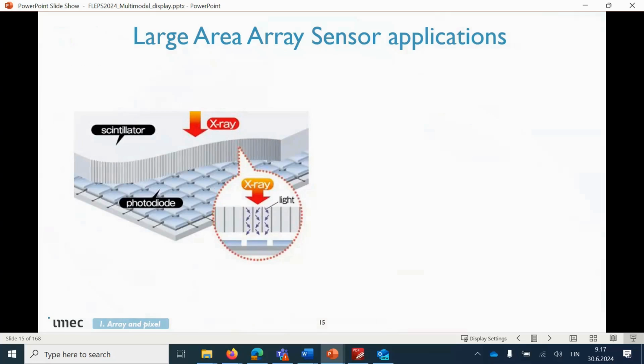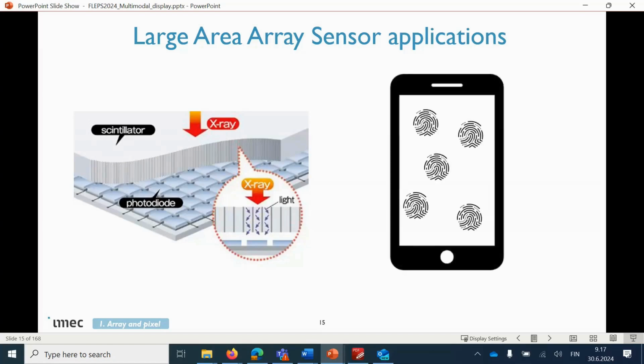Already one is for many years there, it's the X-ray sensors that people and companies have been using amorphous silicon TFT for, which is actually one of the oldest out there. But also lately, as I said already, it's fingerprint. So fingerprint in mobile phones, for example, is, I think, the next driver for some years now.